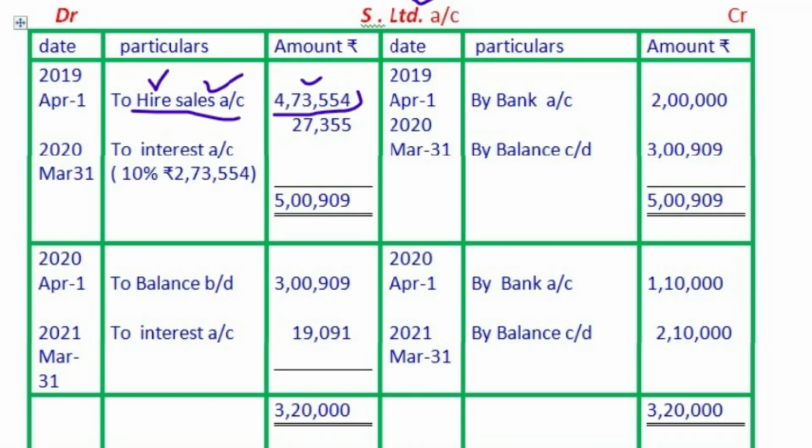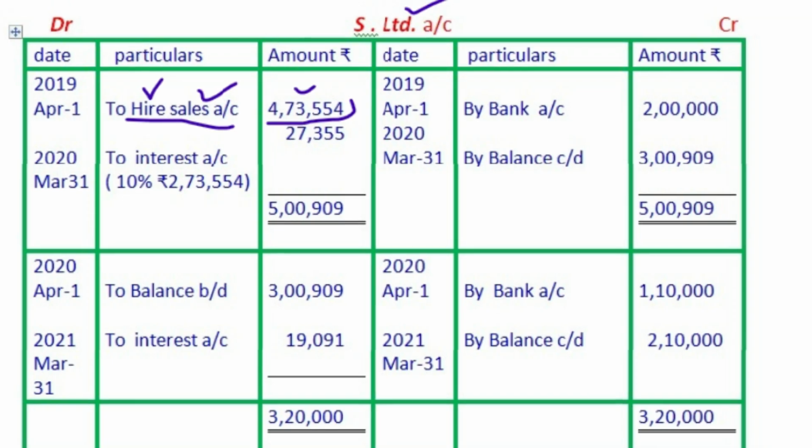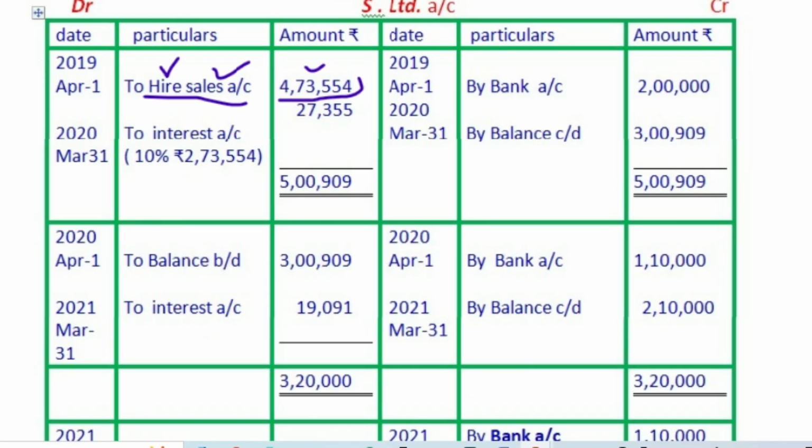As I told you, this is just opposite to the K Limited account, which is prepared by S Limited in its books. And by bank account, this is for the down payment on the same date, April 1, 2019.